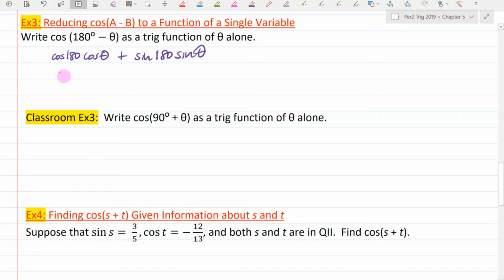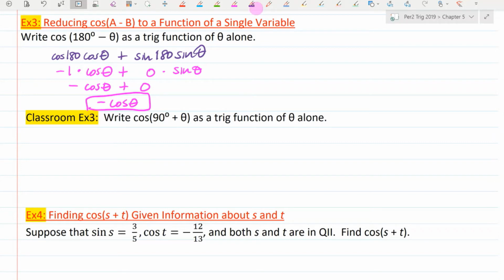Cosine of 180 is -1, so -1 times cosine theta, sine of 180 is 0. So this gives me negative cosine theta plus 0, which is negative cosine theta. And that's it. Go ahead and try the next example 3. Pause the video, come back and play it, see what you got.